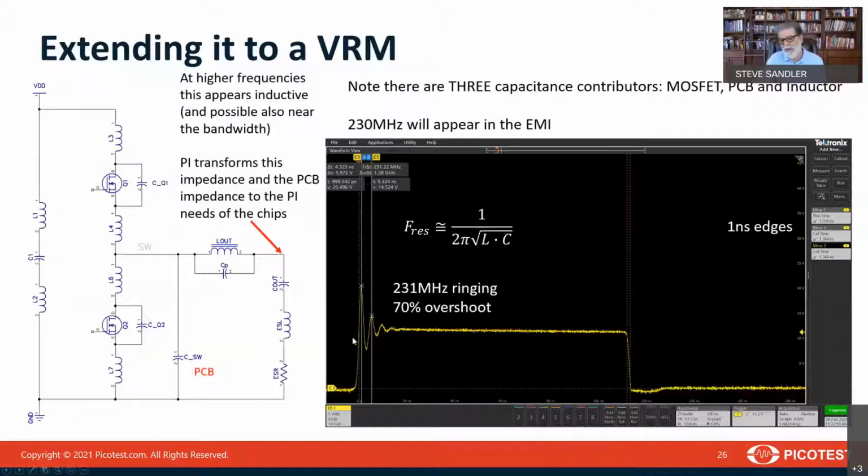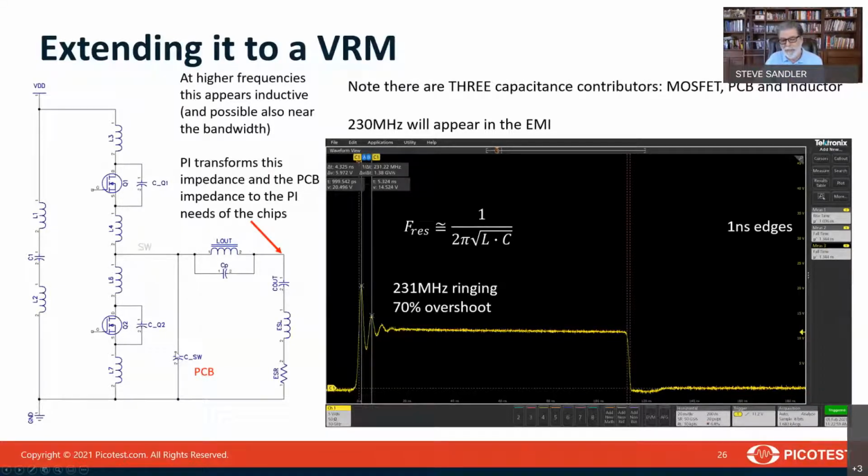And if you want to see where it is that that ringing on the leading edge comes from, well, you can draw that circuit again, and you'll see that there's a bunch of parasitic inductances, and you can see there's also parasitic capacitances. There are actually three of them that contribute to that ring. One is the capacitance of the lower MOSFET, or freewheeling diode.